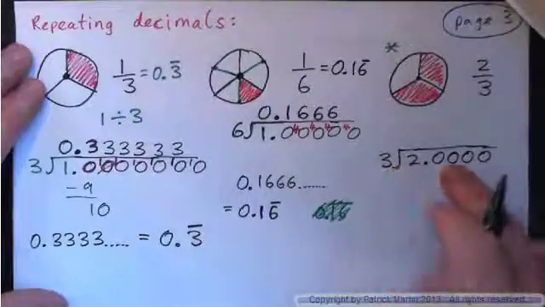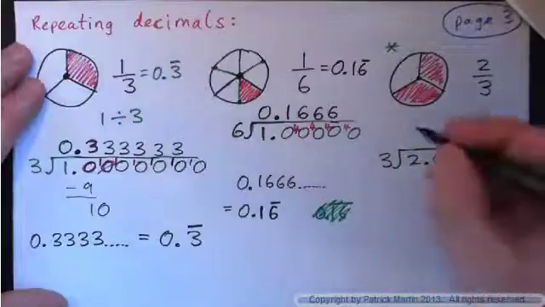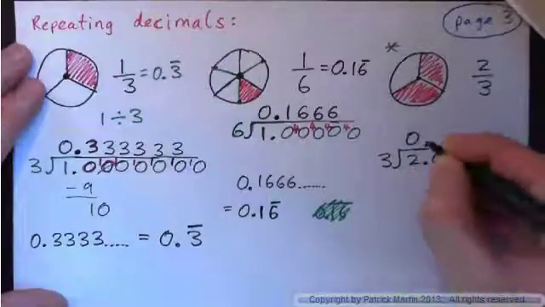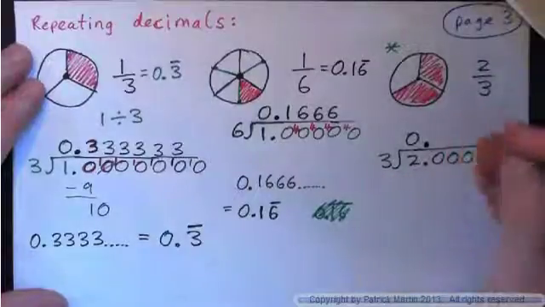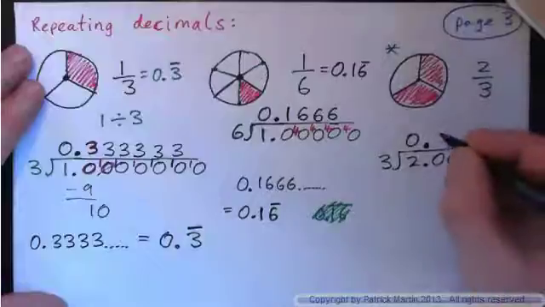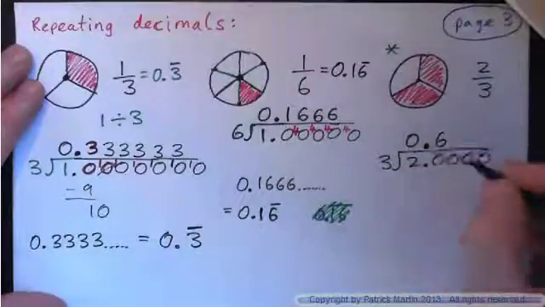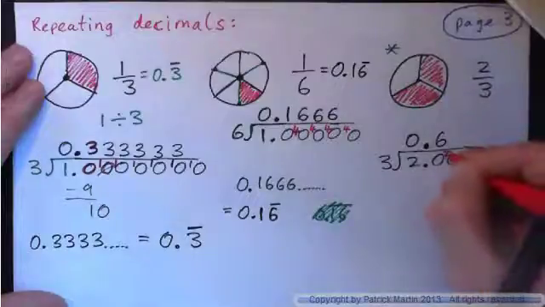And I go 3 into 2 won't go. I can actually put a 0 up there if I like. The decimal point in the answer will definitely be there. 3 into 20, 3 sixes is 18, so it's going to be 6, right? 3 sixes is 18, so 20 minus 18 is 2, so my remainder is 2.